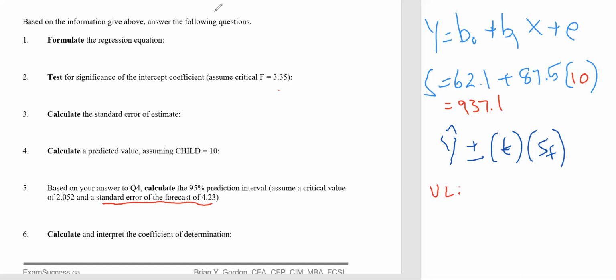it's going to be our value of the prediction, which was 937.1, plus the t-value, which is 2.052, times the standard error of the forecast, 4.23.